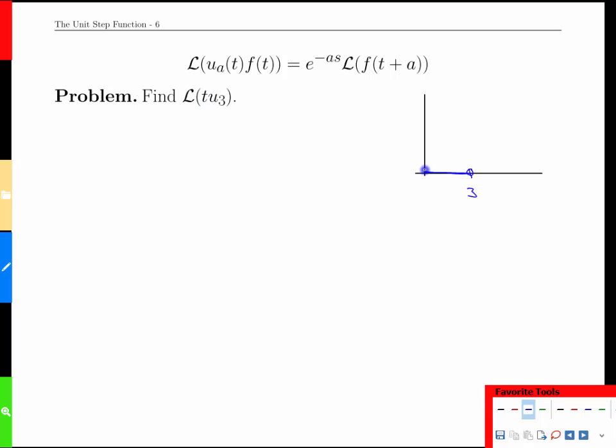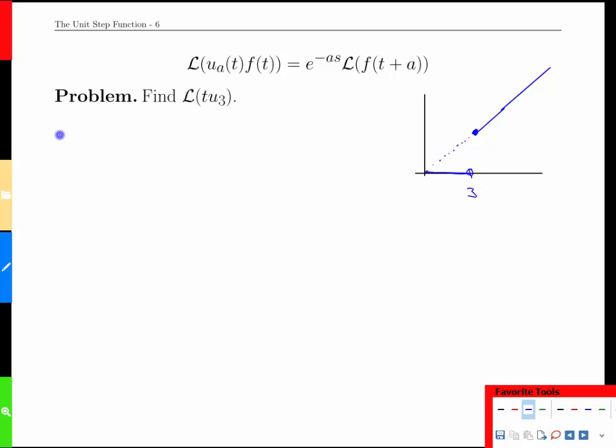So it's like we'd have the graph of t going on, but not turned on yet. And then as soon as we hit time 3, we continue the function already in progress, if you like, of y equals t. So the graph of this function would be flat at 0, and then jump, and then go on like the function t after time 3.